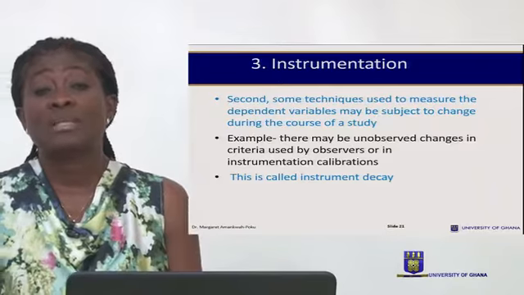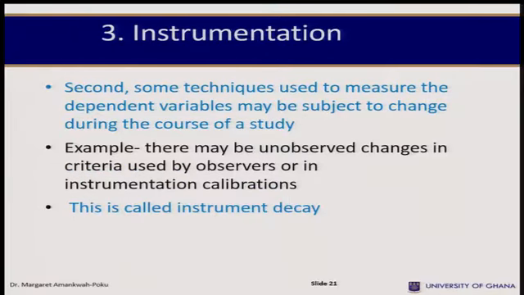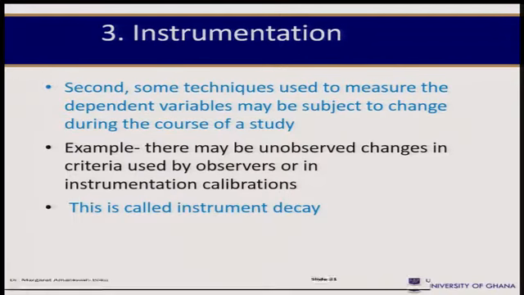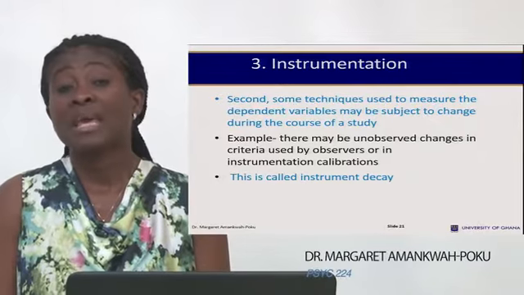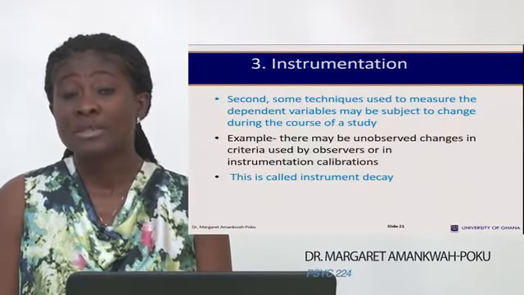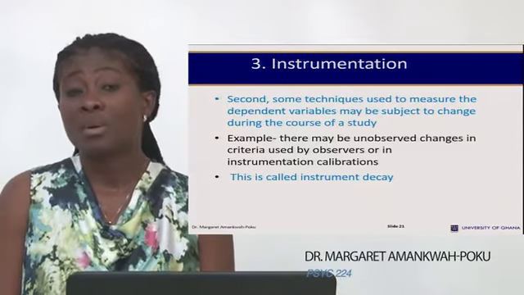In terms of instrumentation also, sometimes some of the techniques that we use to measure the dependent variable may be subject to change during the course of the study. Remember, I gave an example that if we are measuring blood pressure levels and our blood pressure monitor is faulty, that can give us faulty recordings.